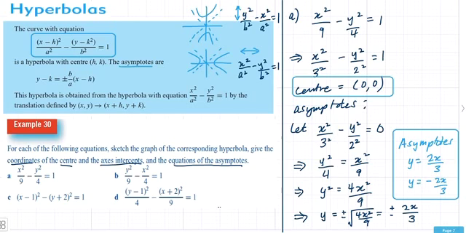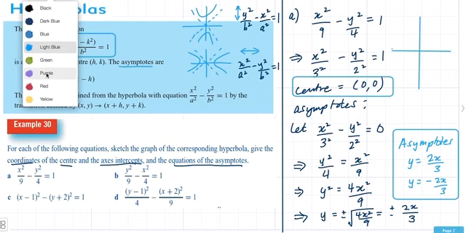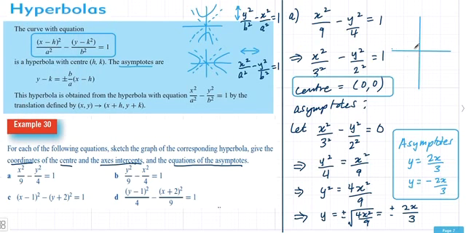Now I don't have lots of room here, but I'd like to do all this on this page so we can see it all. So I'll just do a very little sketch. Okay, so these lines here, 2/3 x is not massively steep. It doesn't have to be amazingly accurate. And I'm just going to write here, this is the positive, so this is y equals 2x on 3, and this is y equals, oops, I didn't write that.